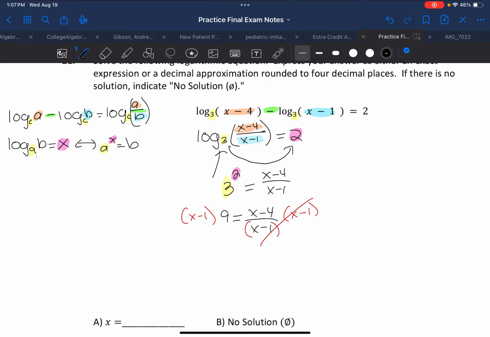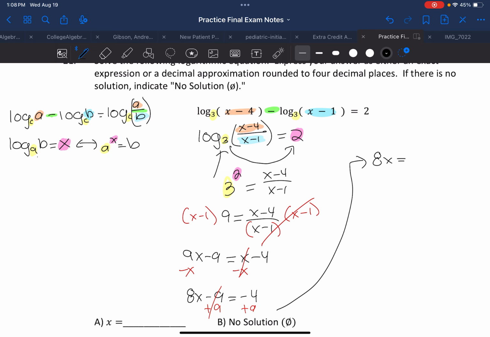Subtract x to both sides. So that leaves me with 8x minus 9 equals negative 4. And then add 9. So 8x will be equal to 5.